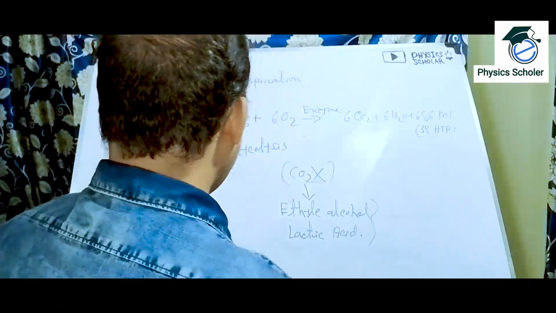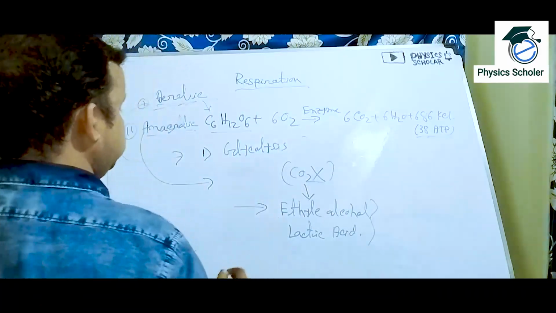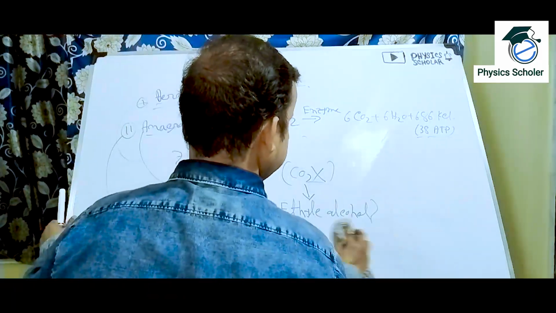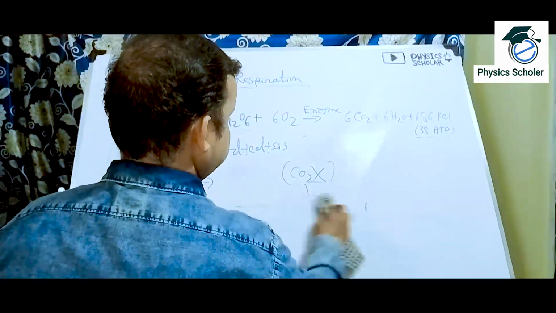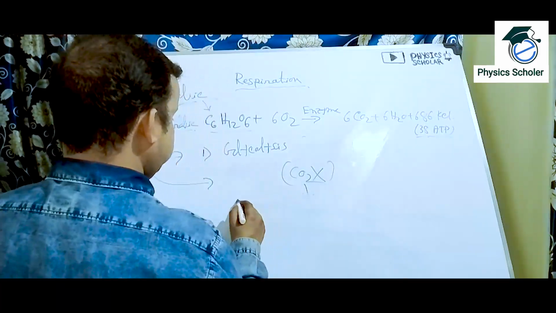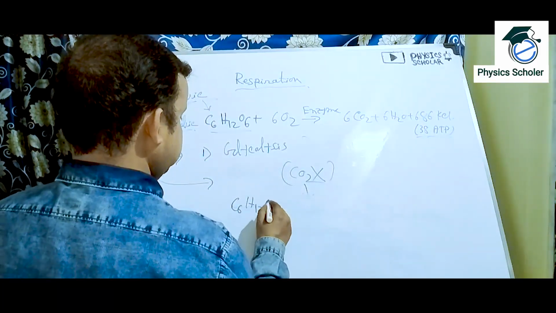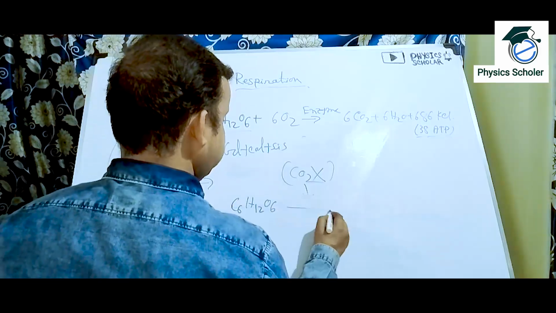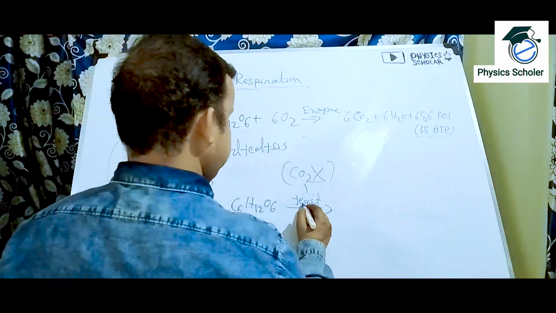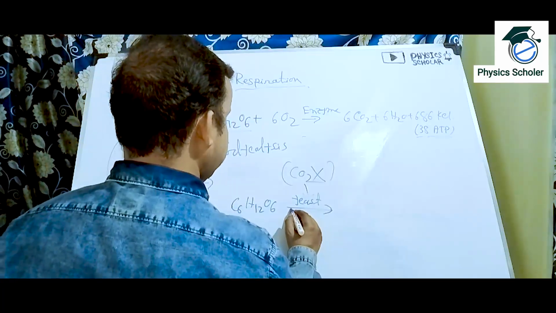When ethyl alcohol is formed, the glucose solution, with the help of yeast, will secrete an enzyme known as zymase.